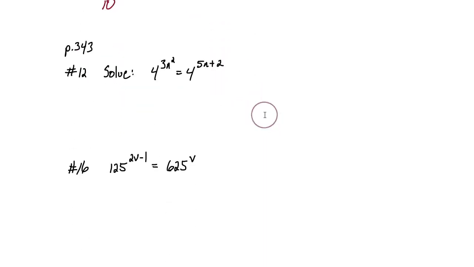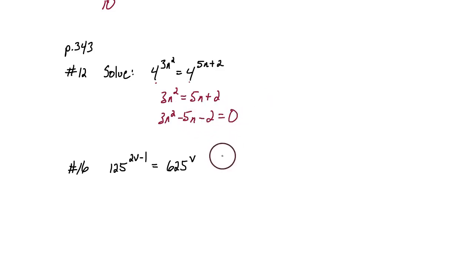For number 12, we're asked to solve the equation. The equation has powers on both sides, but luckily the powers have the same base. Therefore, the exponents must be equal. This creates a quadratic equation, so let's make standard form. We can solve this with factoring, completing the square, quadratic formula, or graphing method.